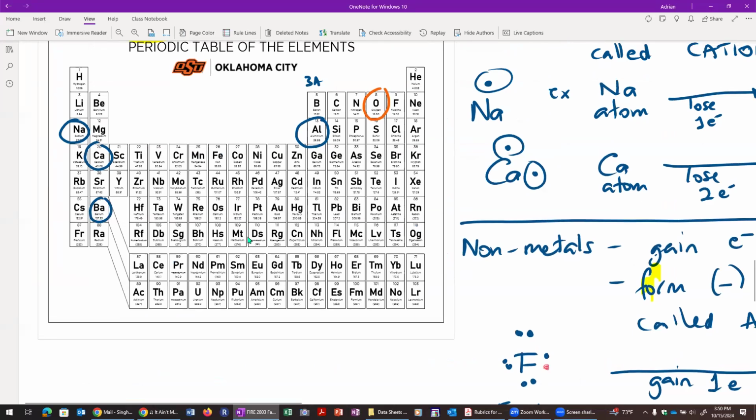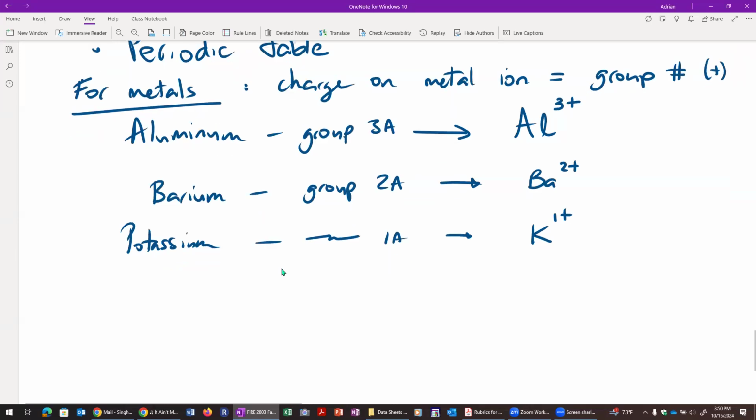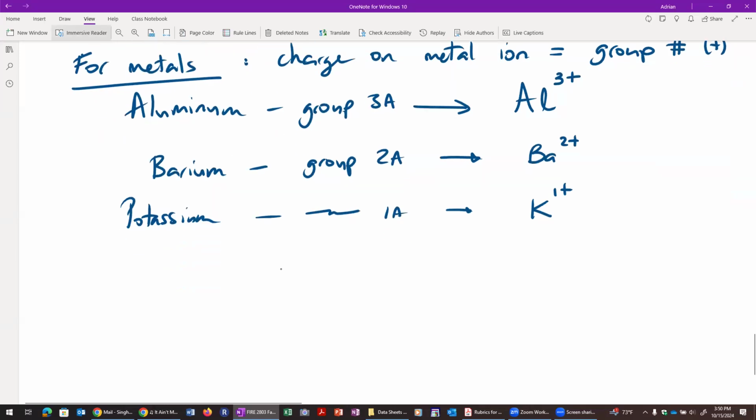If we take a look at potassium, K, potassium's in group 1A. So we have the symbol for potassium, K. The group number 1, it's a metal, so 1 plus. So you can quickly predict the charges on your metal ions.